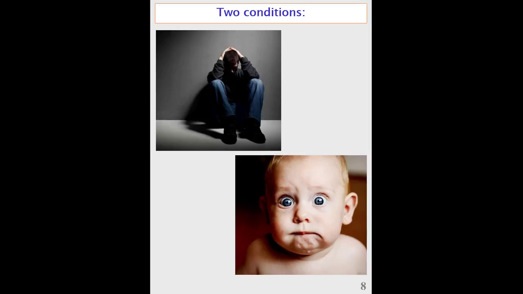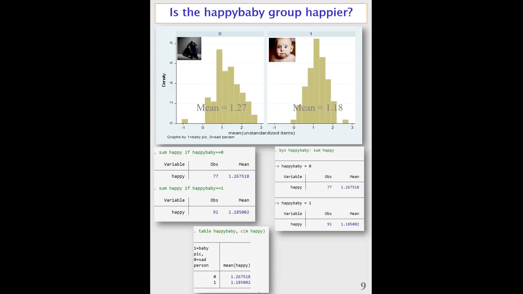And in this case, we need not even go through the testing in this example. We will just go through the motions. But here you see the means for the different pictures. In the top left, you see the depressed guy, and in the top right, you see the baby. Well, we're trying to test here, do people score higher on happiness if they saw the baby? Now, if I look at the two groups here, I see that the median over there is 1.27.